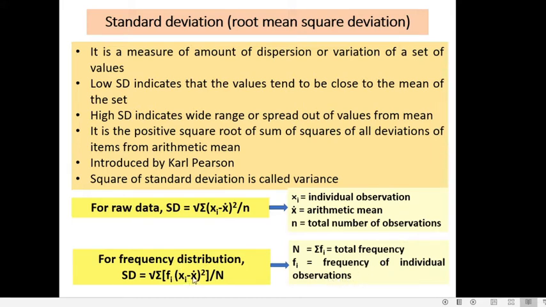The other values are the same as in the previous formula: xi is the individual observation, x dash is the arithmetic mean. Here n represents the total frequency, whereas in the previous formula n represents the total number of observations, because that is raw data and this is a frequency distribution. So, we will see how we measure SD for raw data as well as frequency distribution.